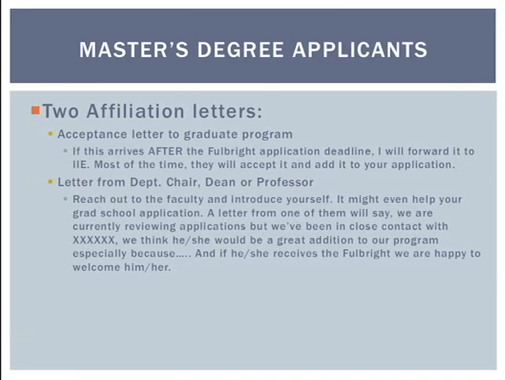Unfortunately, this usually arrives after the Fulbright application deadline. In fact, a lot of the application deadlines for grad programs abroad aren't until December or January, but your Fulbright application is due in October. So unless they have a rolling deadline and you're able to apply very early, in most cases you won't have this letter by the time you submit your Fulbright application.